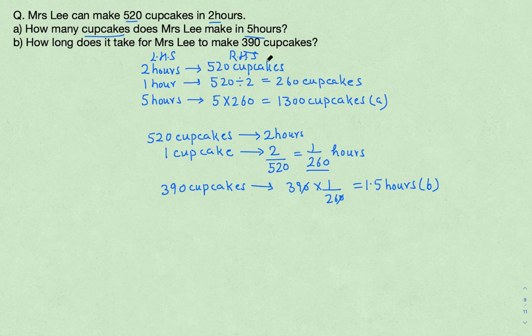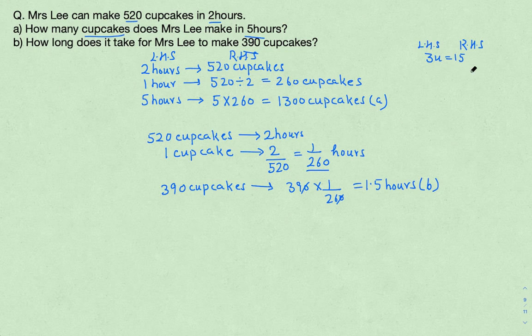For those who are confused about what is right hand side and what is left hand side, I'll give you a simple example. Let's say 3 unit is equal to 15. This is a simple equation. Everything on the right of the equal to sign is called the right hand side, and the left of the equal to sign is the left hand side.